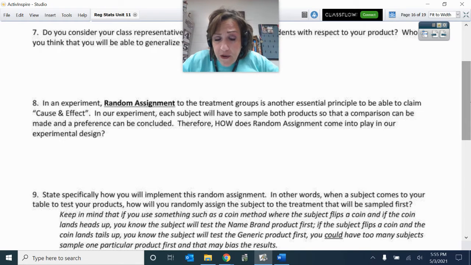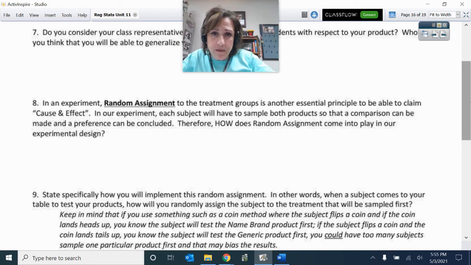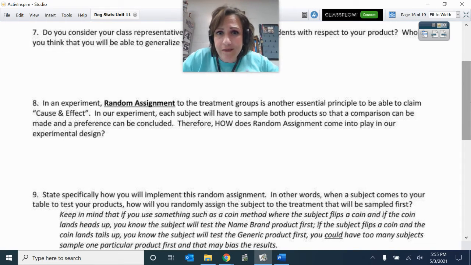In our experiment, however, we cannot randomly assign some subjects to sample the name brand and some subjects to sample the generic. Everybody has to sample both products. Hopefully, you figured that out on problem number 1 on the previous page, in order for that comparison to be made and a preference to be concluded.